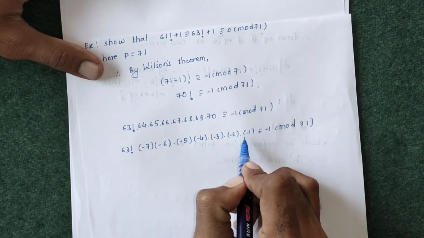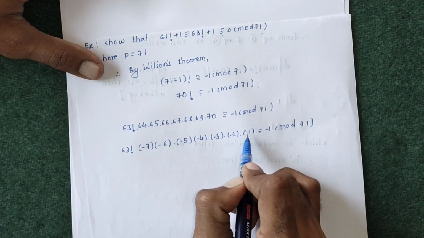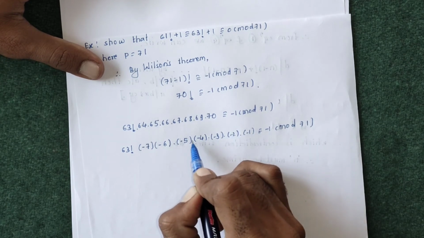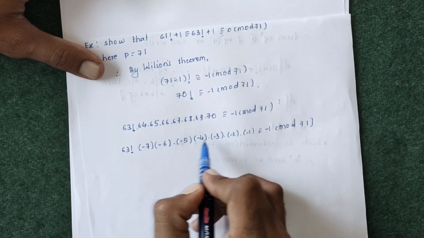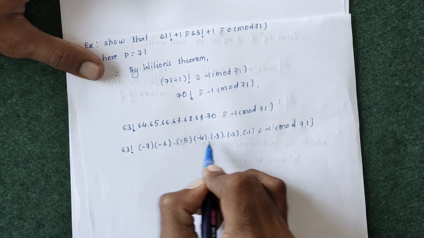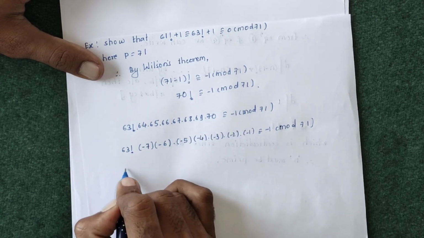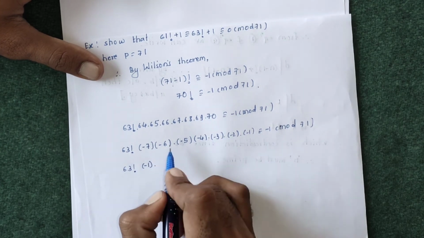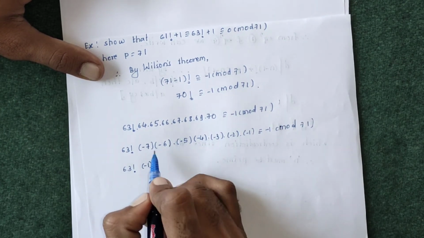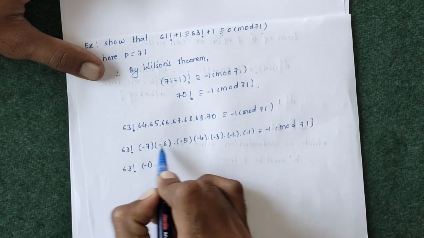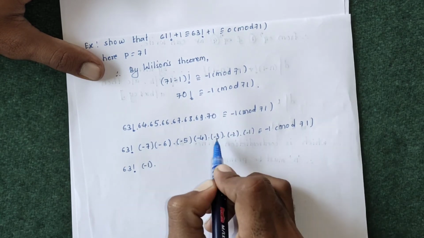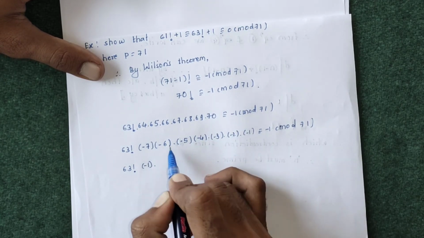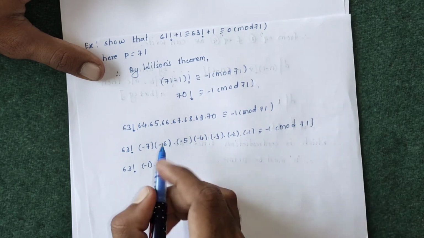So here this minus 1 sign appears 7 times, which means the multiplication of minus 1 is 7 times. So I can write 63 factorial into minus 1, and now we are going to multiply these 7 numbers and take that number under modulo 71.